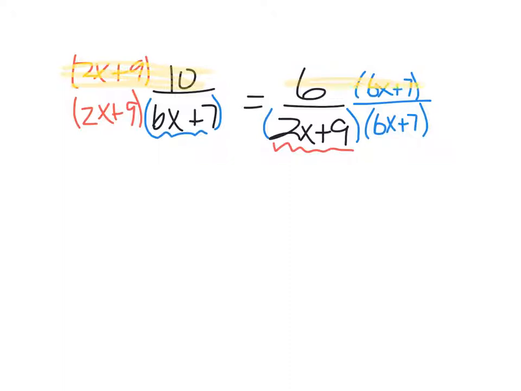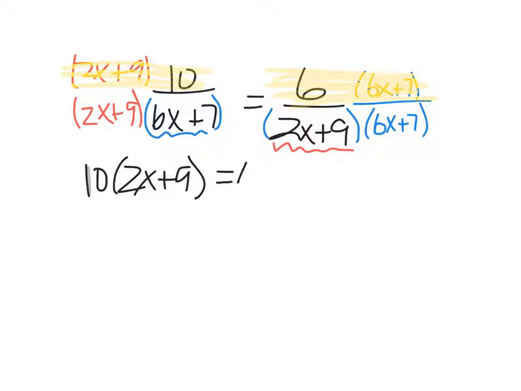I don't need the denominators anymore because if the bottoms are equal, then I know that the tops need to be equal. So writing that out, I have 10 times 2x plus 9 equals 6 times 6x plus 7.